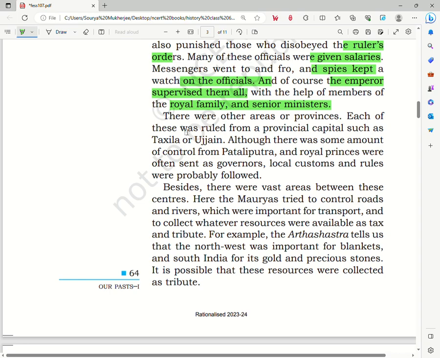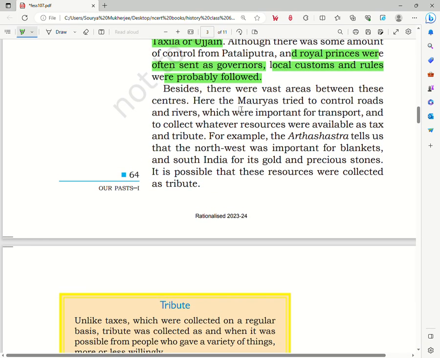Each of these was ruled from a provincial capital, such as Takshila or Ujjain. Although there was some amount of control from Pataliputra, the royal princes were often sent as governors. Local customs and rules were probably followed. Besides, there were vast areas between these centers.